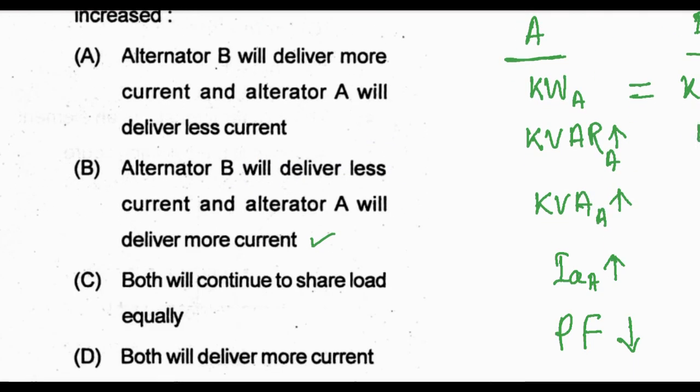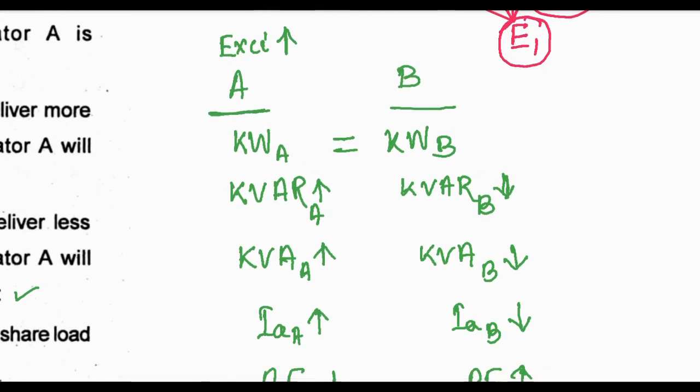The real power, the kilowatt, shared by A and B will be the same, but the reactive power provided by A will increase, whereas that of B will decrease.